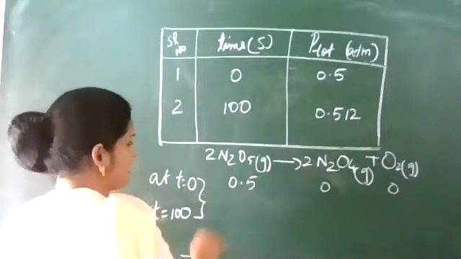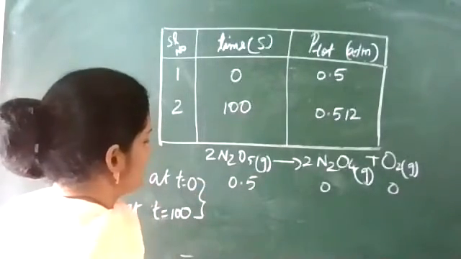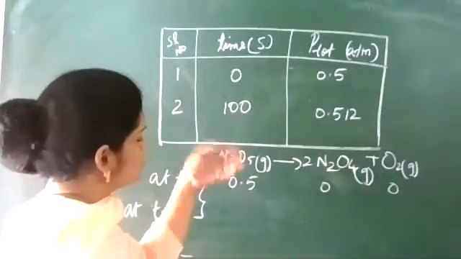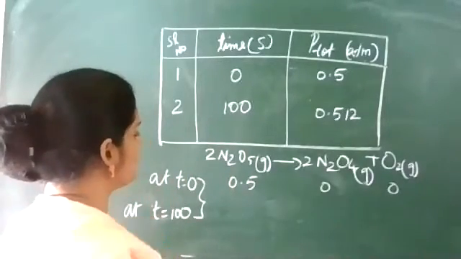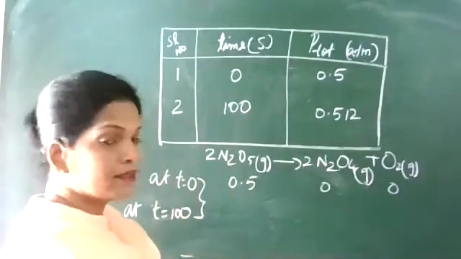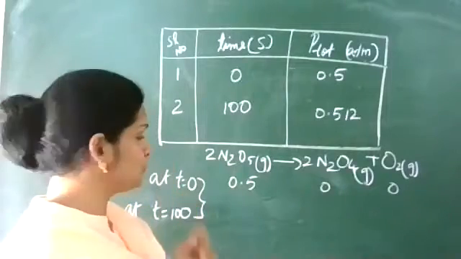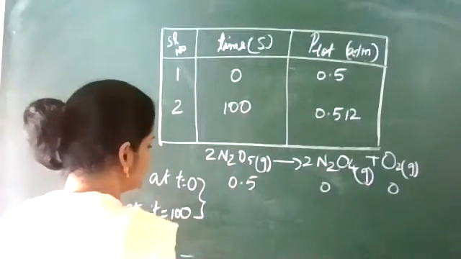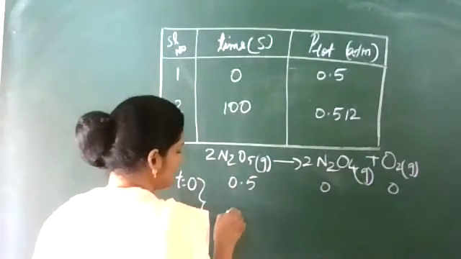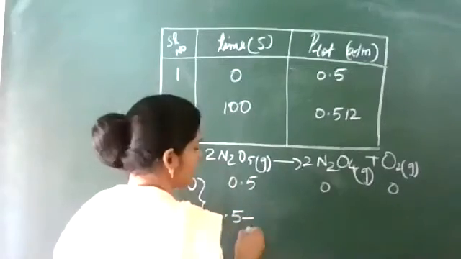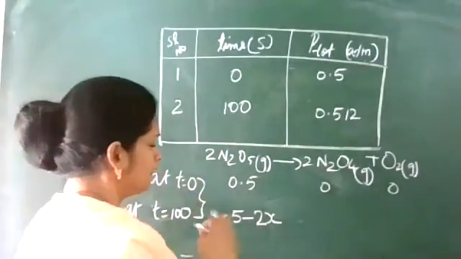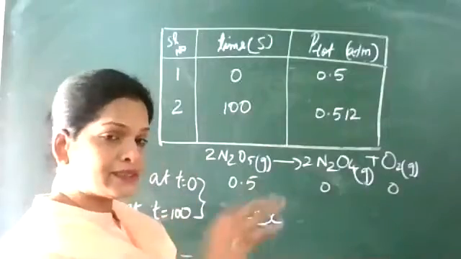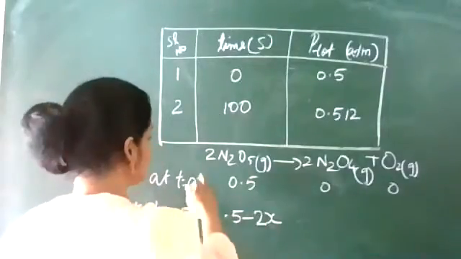So in this gap, what happened? Twice N2O5 is going that side, so 2 are going at a time. What is remaining? 0.5 minus 2x. In the previous case we considered x, but here it is 2x.